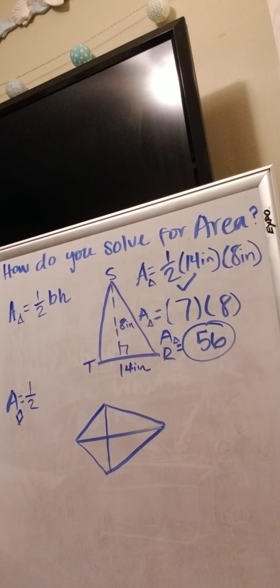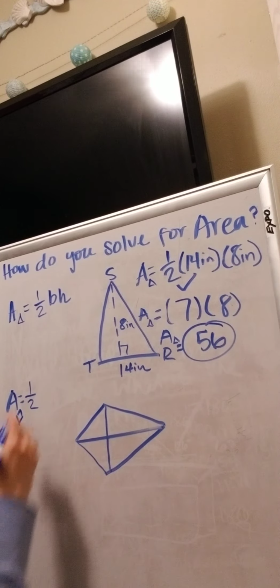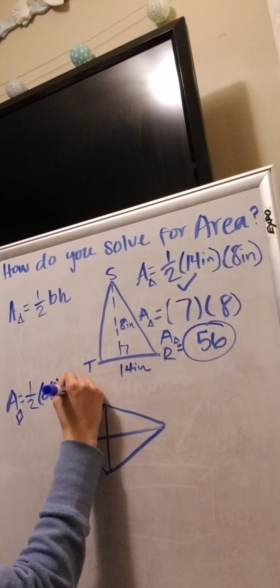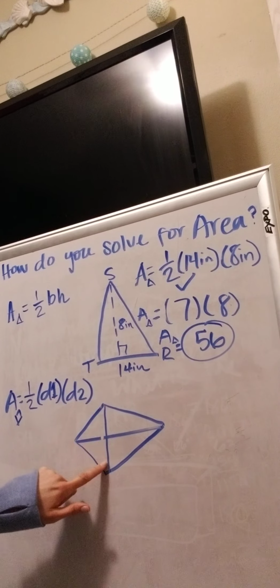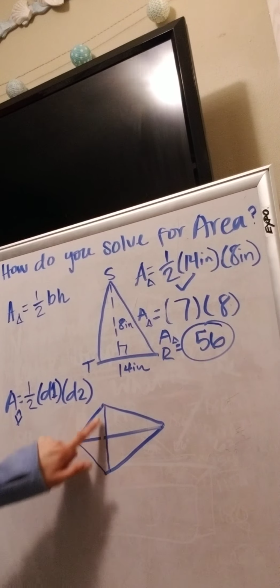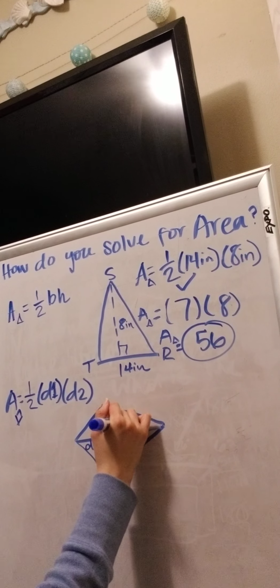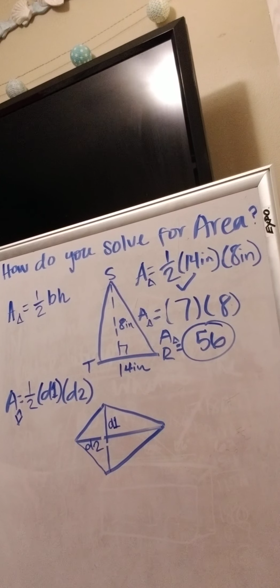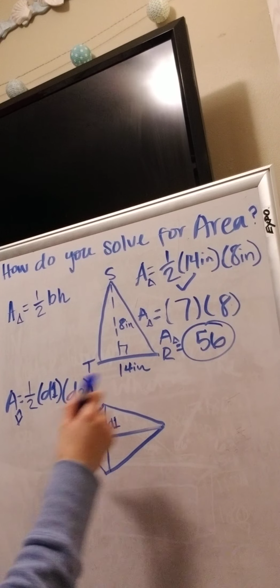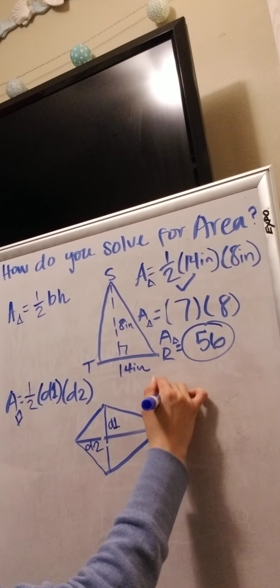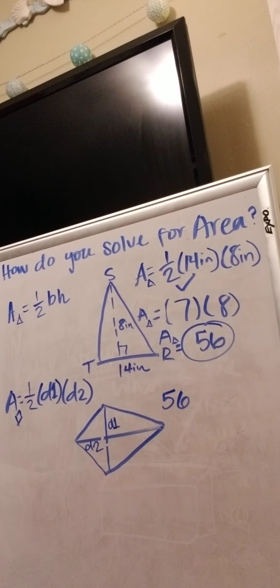So 1/2 diameter 1, diameter 2, which would be this line here and this line here, and we can make either one be whichever we want. Okay, so let's say we have an area of, let's take 56 from the first problem.